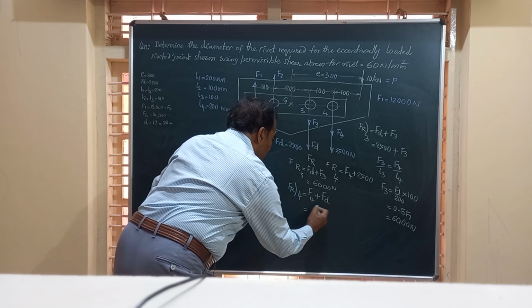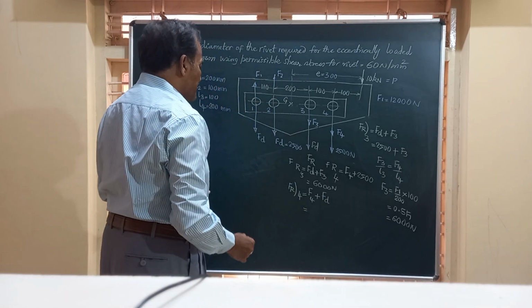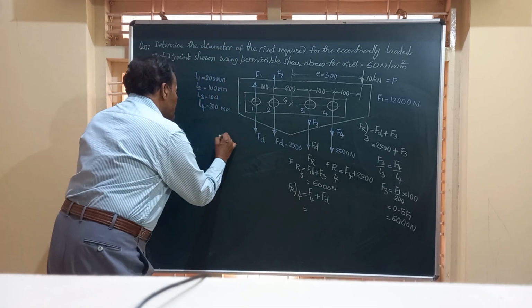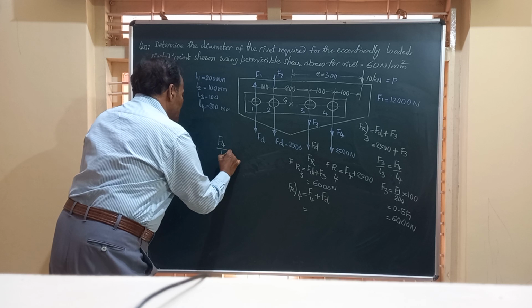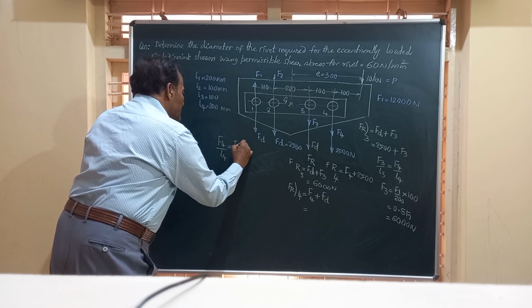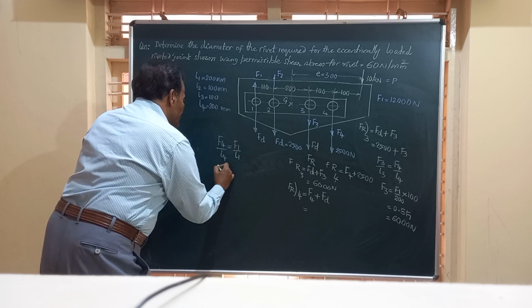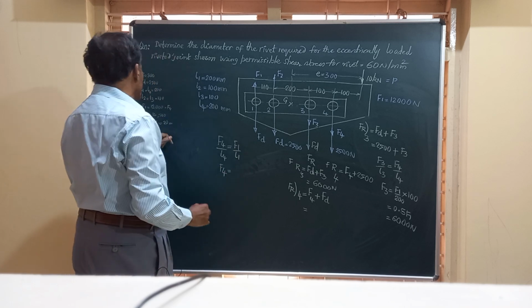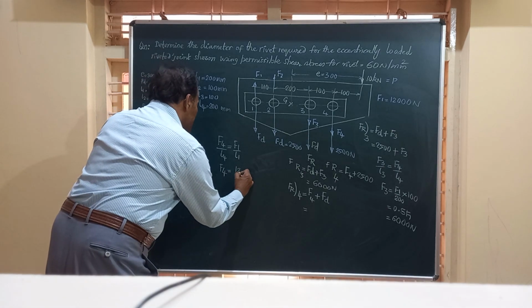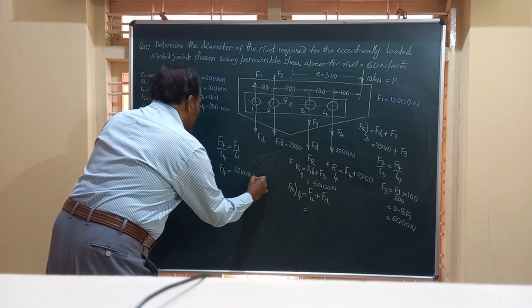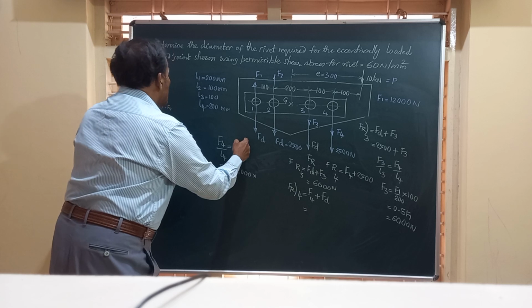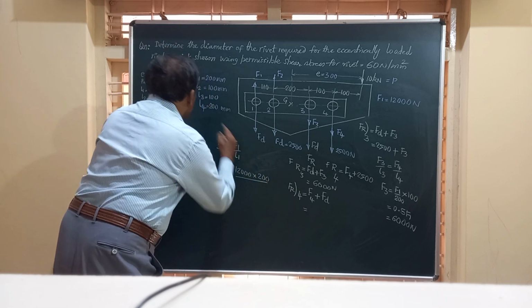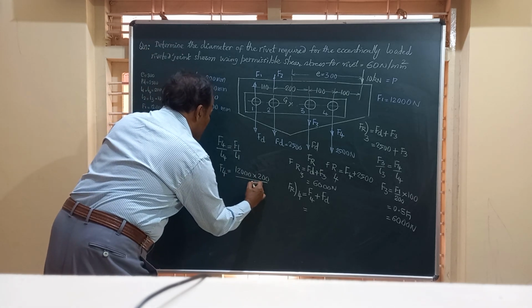So F4 is equal to how much? We calculate this F4 by the formula F4 by L4 is equal to F1 by L1. Friends, F4 is equal to F1, which you have calculated as 12,000, multiplied by L4, which is 200, divided by L1, which is 100.